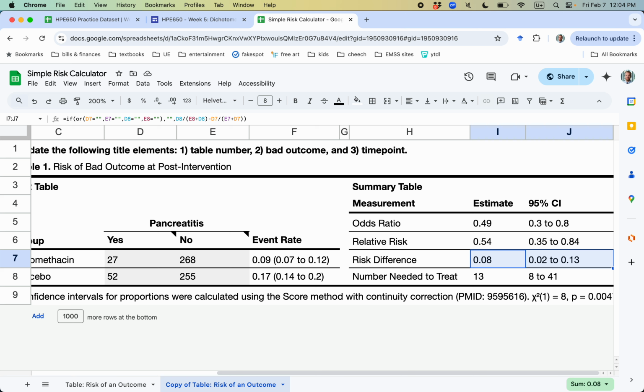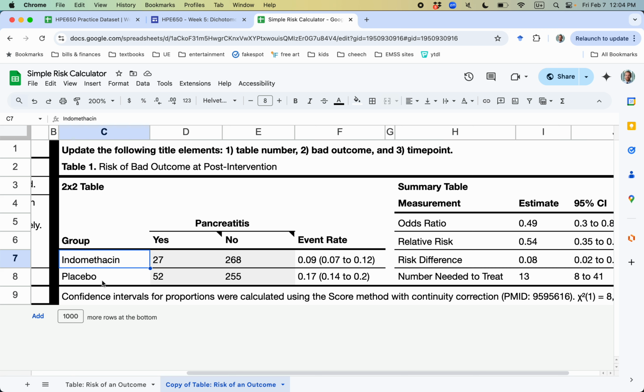And then we get this very handy but hard to interpret until you do it a couple of times statistic: number needed to treat. This is highly relevant in clinical research, and what this tells us is the number of patients that we would have to treat with indomethacin instead of placebo in order to prevent one additional case of pancreatitis.